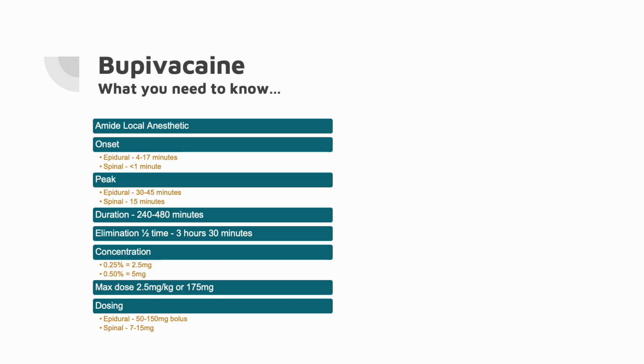I don't want to get to that max dose, even though you've got, say, a max dose by doing it per kilogram is going to be 200 milligrams. I'm going to stay within that 175 milligrams just to be on the safe side. And then dosing. Typically, as anesthesia providers, we dose an epidural 50 to 150 milligrams, or for a spinal, it's 7 to 15 milligrams.